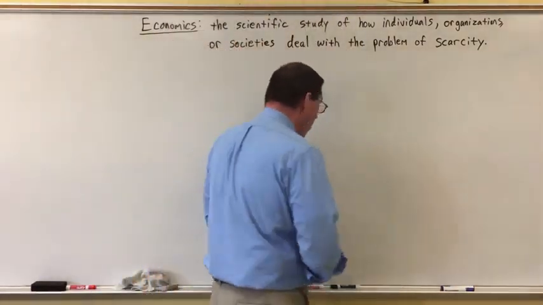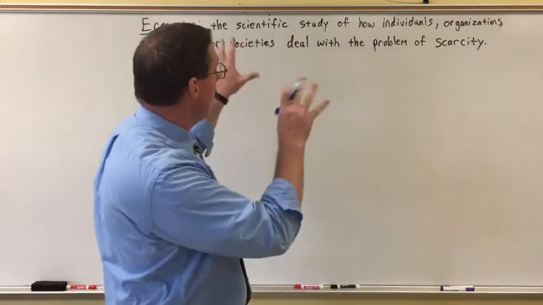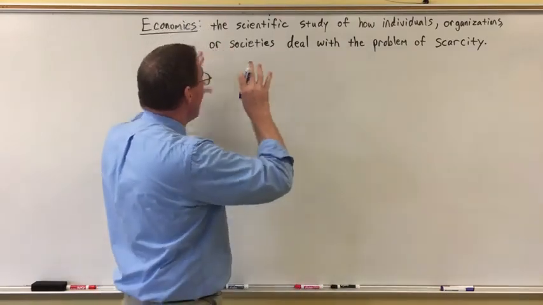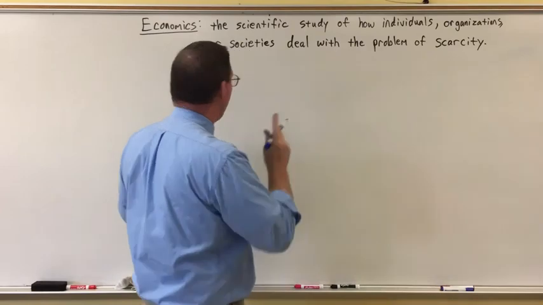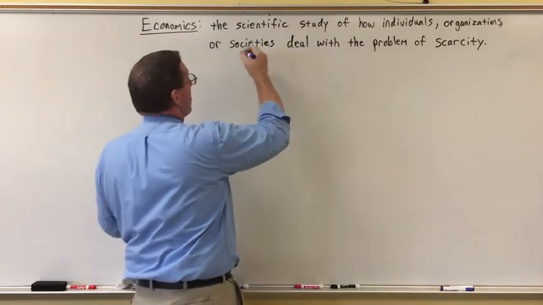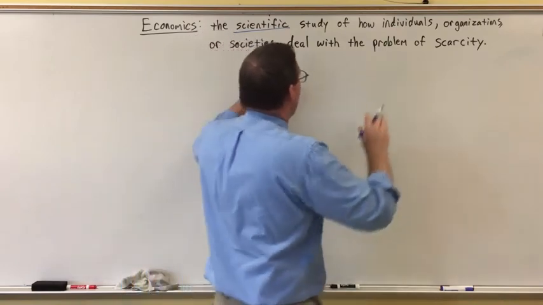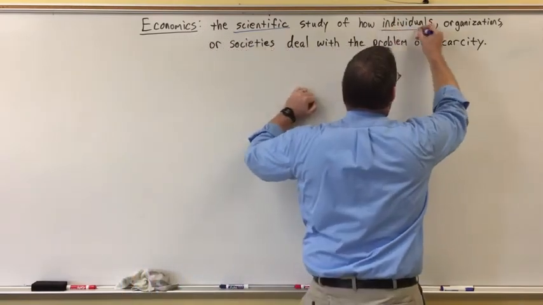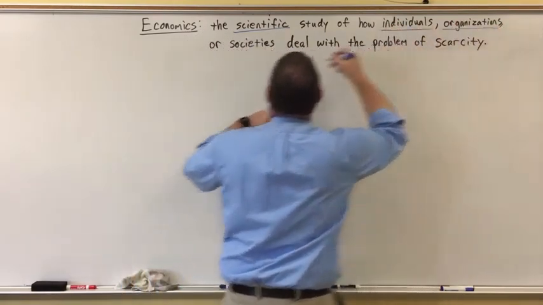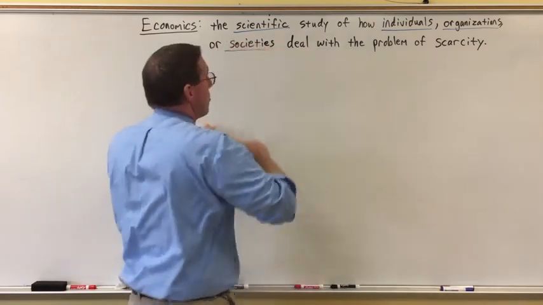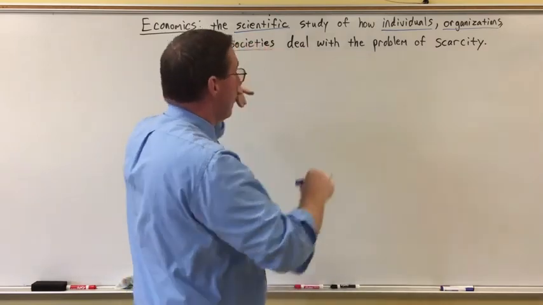So there are four main elements of this definition. The first thing I want to tell you is that economics itself is scientific. It focuses on individuals, organizations, and societies, so that's its own one category.